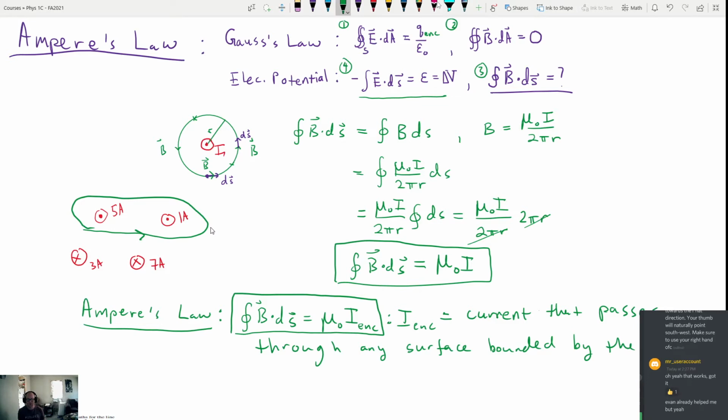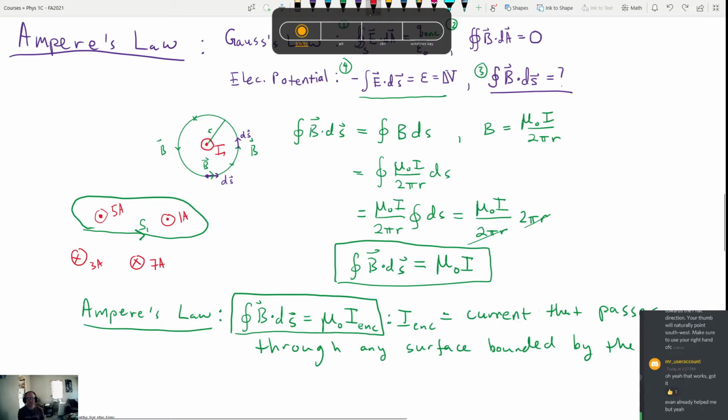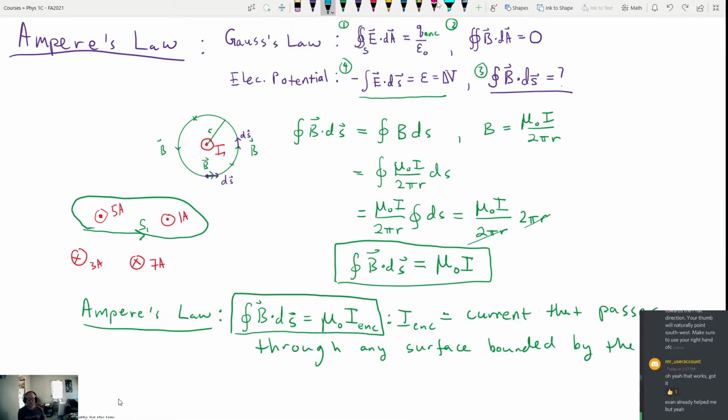We'll call that path 1 or surface 1. I'm going to call it S1 for surface 1. Let's say that another one goes around like this. Let's use different colors. You know what? Let's do it one at a time. You all tell me, if I call this path right here my path 1, how much current is enclosed by that path?